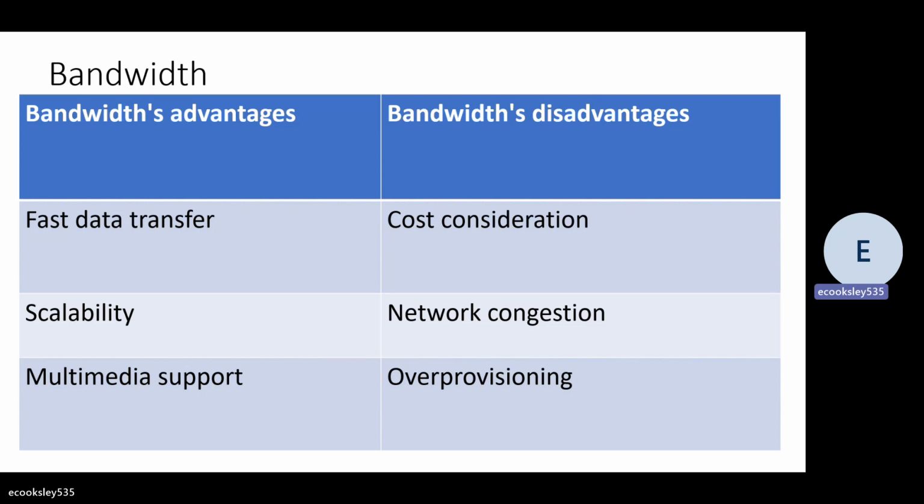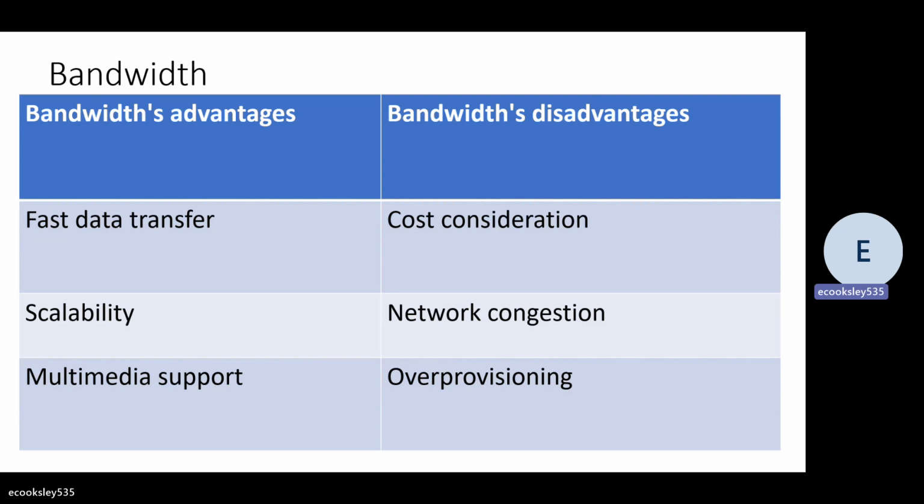Next, I'll be covering the disadvantages of bandwidth. Our first one is cost considerations. Higher bandwidth requirements often translate into increased costs for network infrastructure, equipment, and service subscriptions. Upgrading bandwidth capacity may require additional investments. Network congestion: in scenarios where bandwidth requirements exceed available capacity, network congestion can occur, resulting in reduced performance, packet loss, and latency.